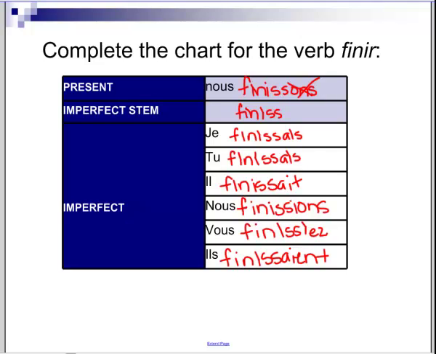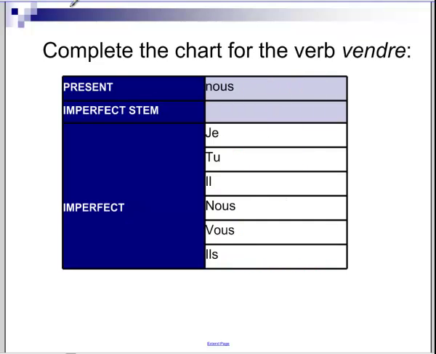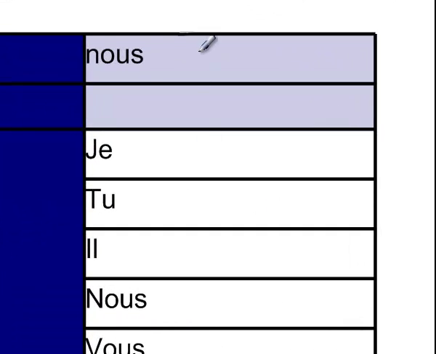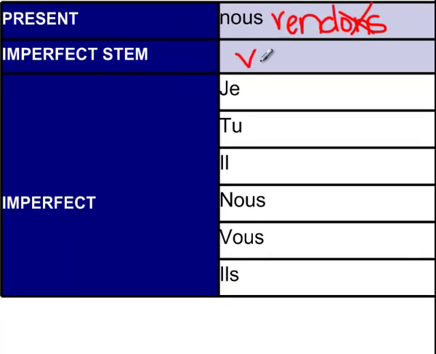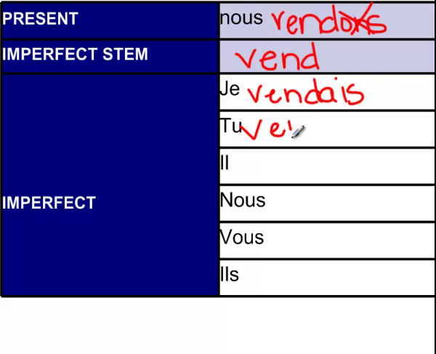Let's take a look at an RE verb. Let's take the verb vendre and put this in the imparfait. In order to do this, we have to know how to conjugate vendre in the present tense nous form: nous vendons. Take off that ONS, and your imperfect stem is vend. So to say I was selling, je vendais. You were selling would be exactly the same thing, tu vendais.